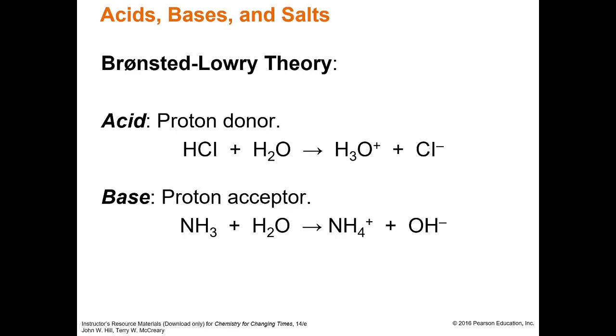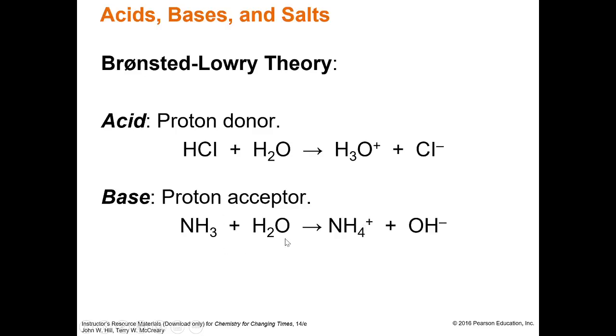So the base is going to be a proton acceptor. In the case of Bronsted-Lowry theory, the base, right here is our base, is going to accept a proton. And so we go from NH3 to NH4 plus. Notice we've accepted an H plus.